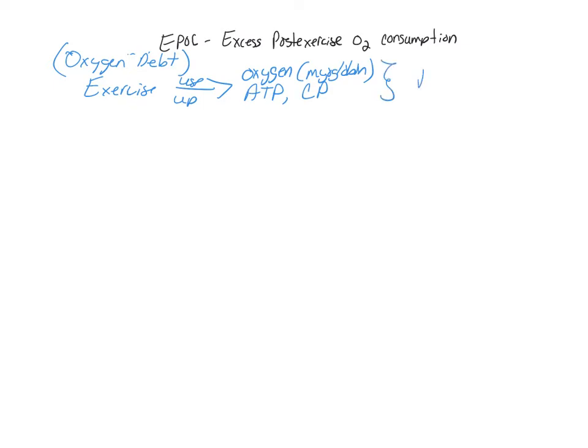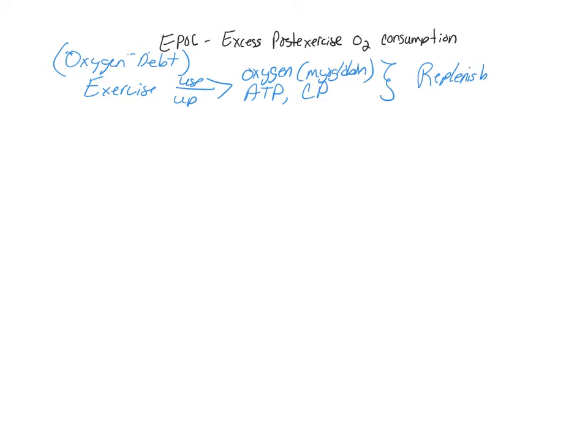So you need to replenish these things, okay, once you start to not use up that stuff. Okay, so you're going to replenish the glycogen, you're going to replenish the ATP, creatine phosphate, the oxygen, okay, and everything basically starts to go back to normal.